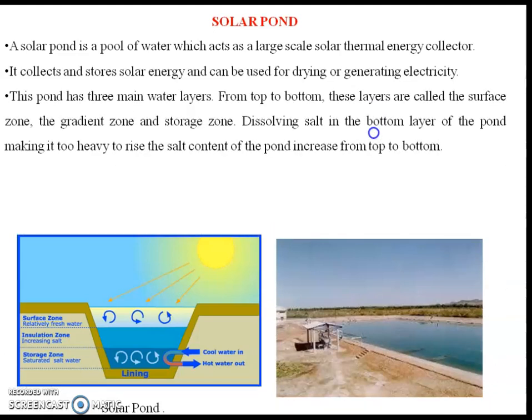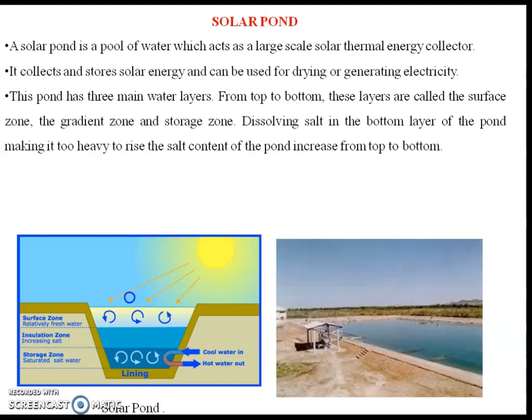The pond has three main water layers. If you observe here, we have three different layers. One is called the surface zone, the second is the gradient zone or insulating zone, and the third, the bottom zone, is called the storage zone.